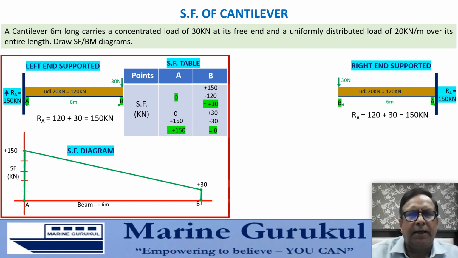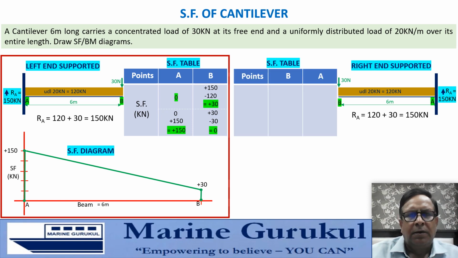Now we make the SF table for the two points B and A, and like the previous case, SF to the left of B is 0. As we go to just right of B, the concentrated load comes into the picture, making it minus 30. So at B, the shearing force changes from 0 to minus 30.